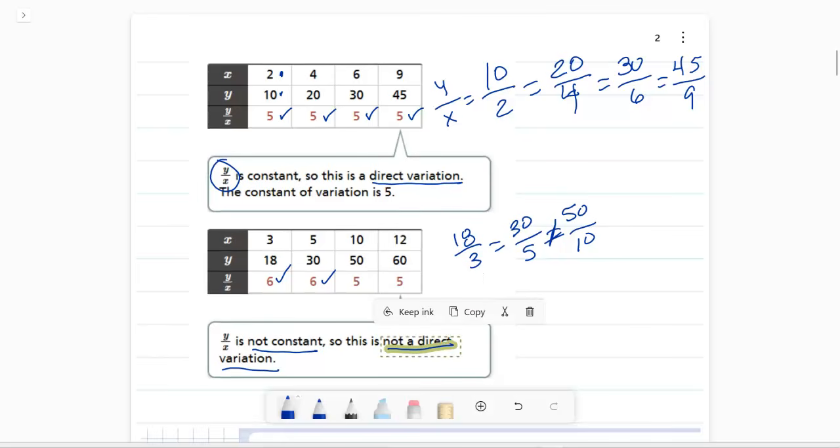So that is not a direct variation. Okay, that's how you check it. You just divide the y over the x, and that will give you the k. Make sure that you understand that. Let's do the next problems.